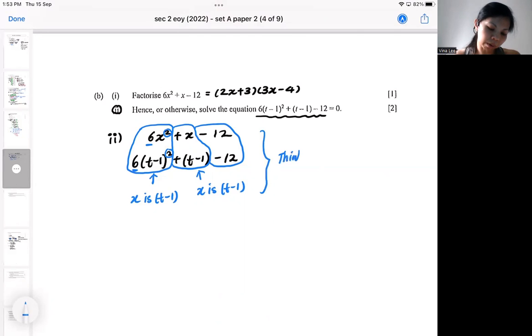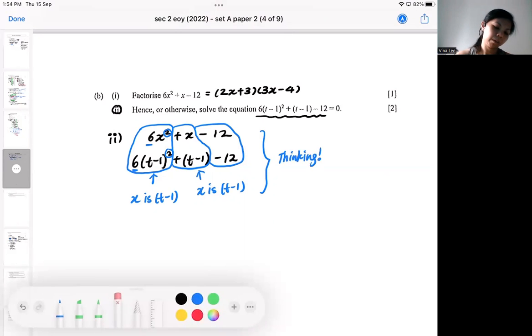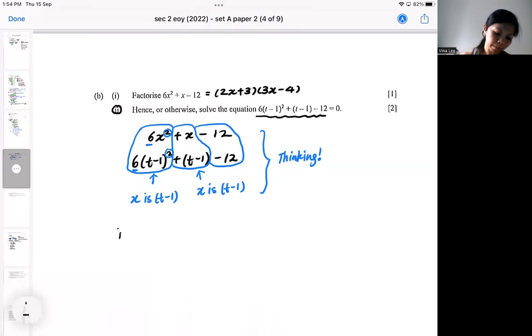You do not need to show the thinking process. That is your thinking that you can scribble. So if you get the thinking already, we are going to make use of the factorization from the first part.